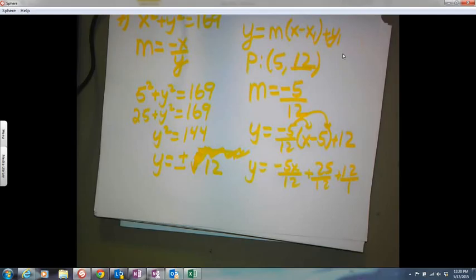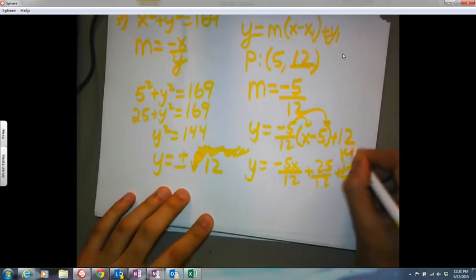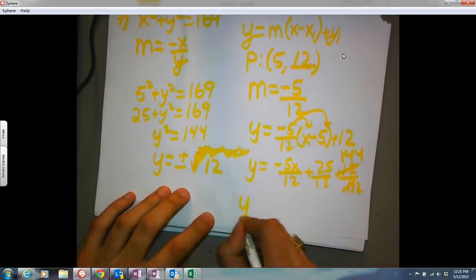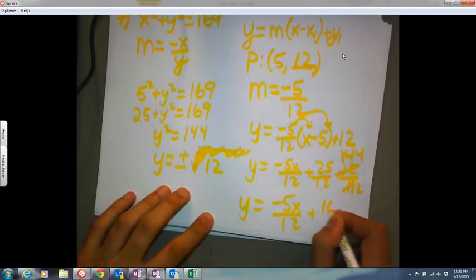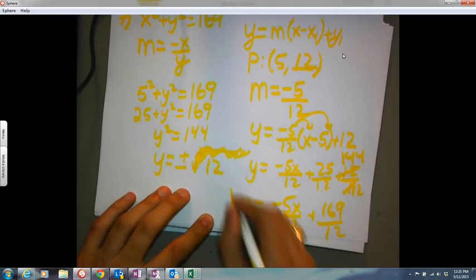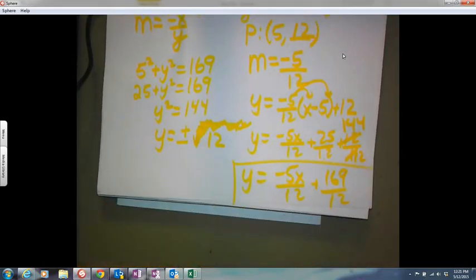So we've got to combine these two fractions, get a common denominator. And this answer is one of them. Any questions on number 7?